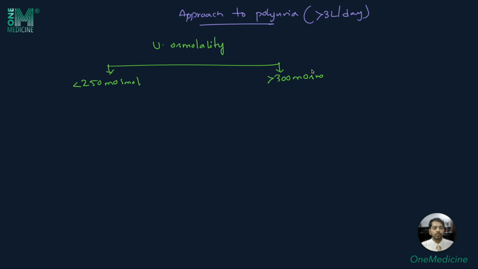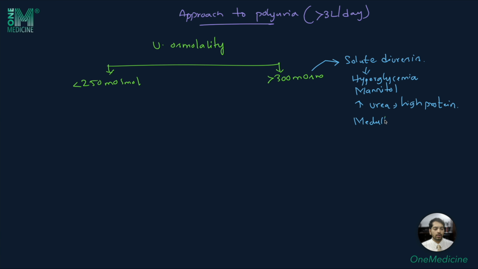With a urine osmolality of more than 300, patient can have solute diuresis, and patient needs to be investigated for hyperglycemia, mannitol, hyperuricemia, increased urea levels, possibly from high protein feeding, medullary cystic diseases of kidney, resolving acute tubular necrosis or diuretic use, or even obstruction of the urinary tract.